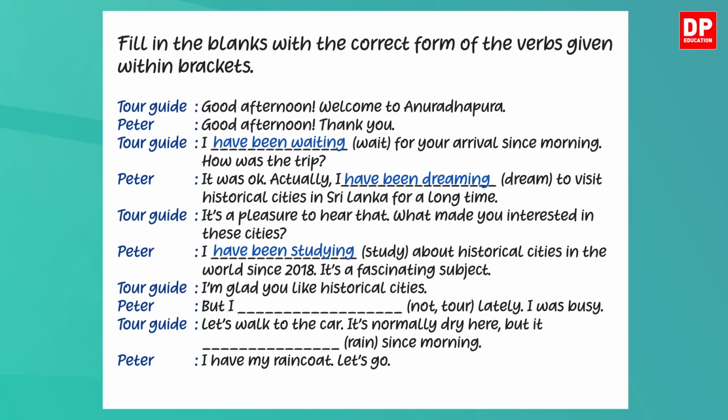So you have to fill the blank with have not been touring. So it should be, but I have not been touring lately. Now the last one. How did you fill that? Yes, it should be, it has been raining since morning. I hope you got all the answers correct.